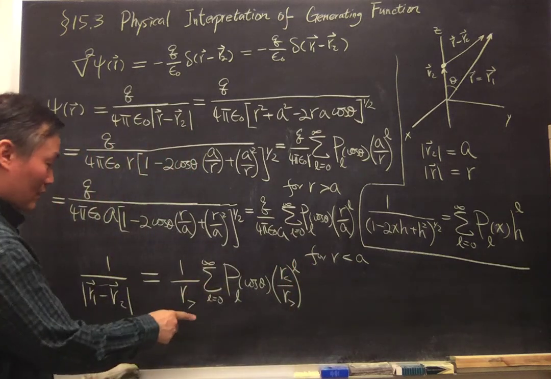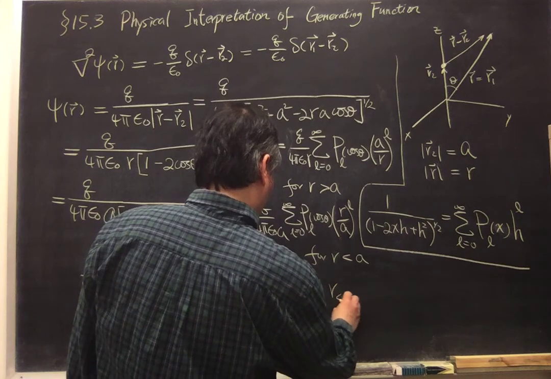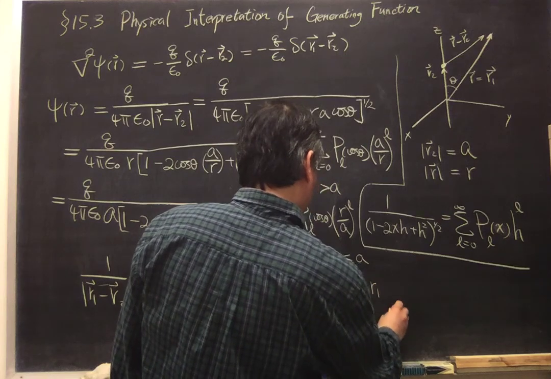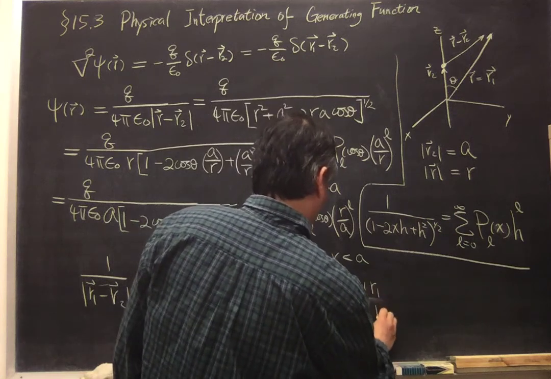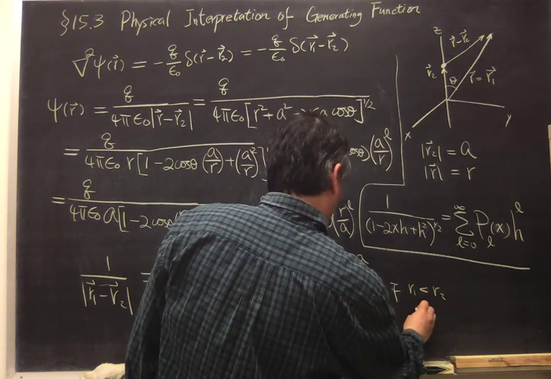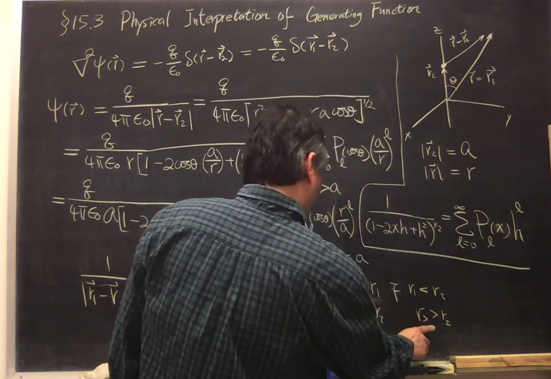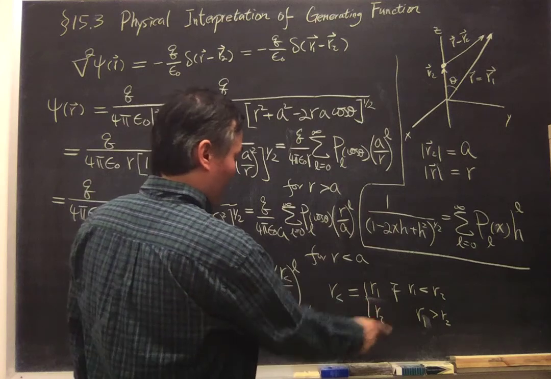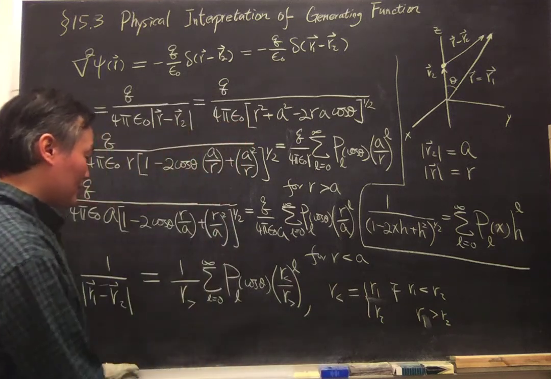The greater and smaller notation is just to indicate that R smaller is the length of R1 or R2, whichever is less, and if R1 is greater than R2, R smaller will be the length of R2, and similarly R greater will be R1 or R2 in the respective situation.